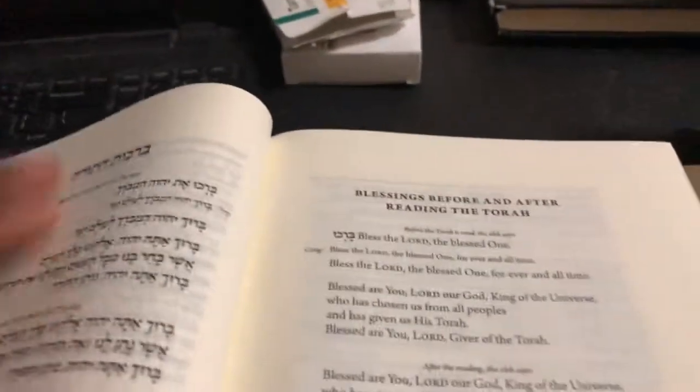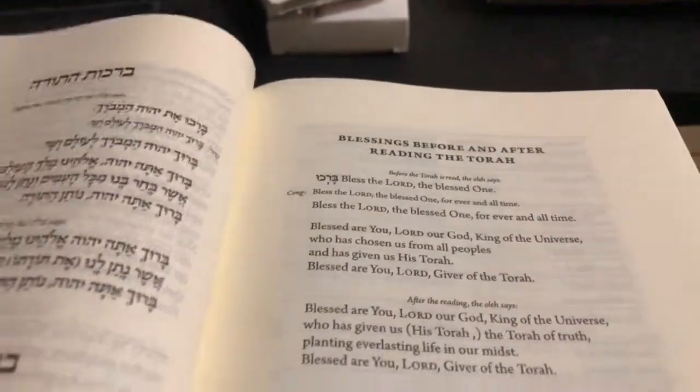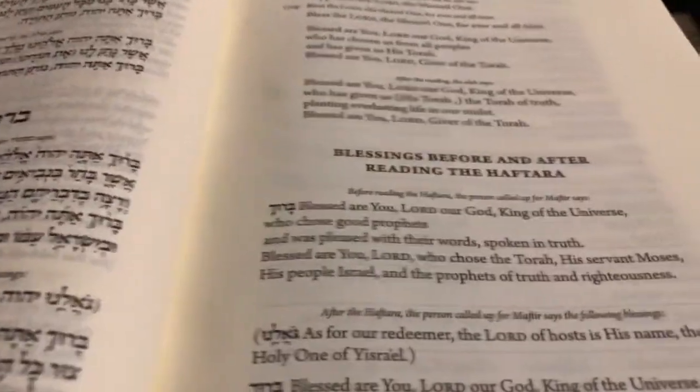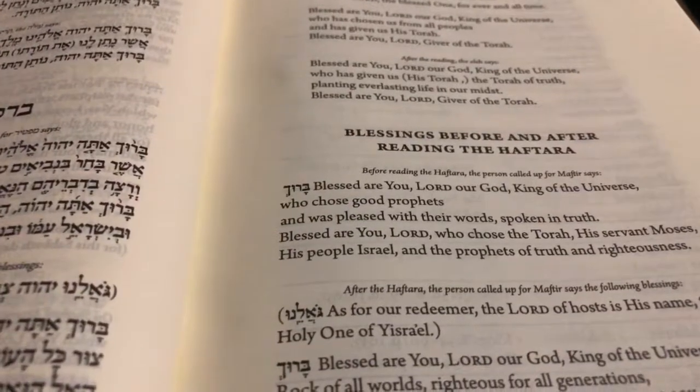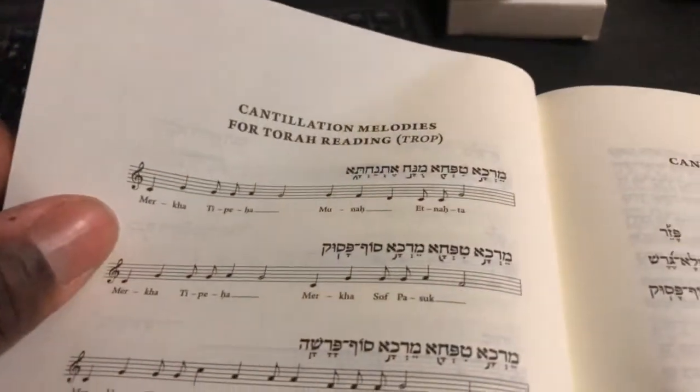Interesting information in here. And they go into the blessing before and after reading the Torah, blessing before and after reading the Haftarah, right? These are cantillation melodies for Torah reading. Interesting.